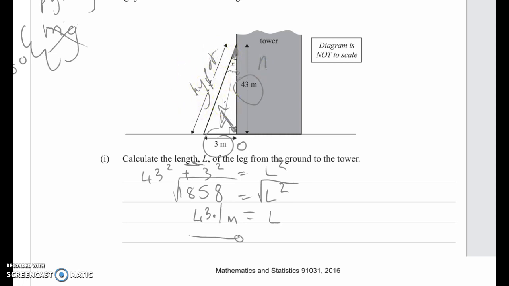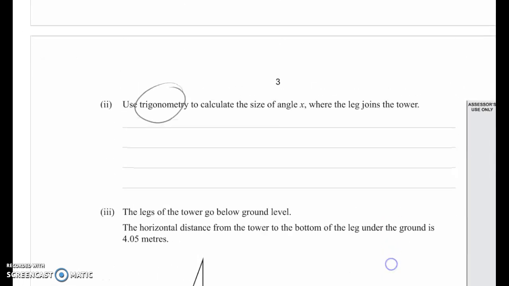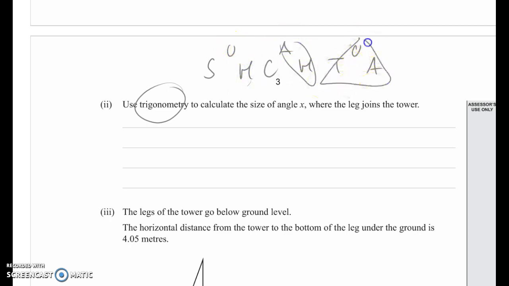I have calculated it, but I've got my opposite and adjacent, so I'm going to use that. Now, let's just have a little think. We have our SOHCAHTOA, and in my SOHCAHTOA, I'm looking for opposite and adjacent, so not that one, but that one over there will do very nicely because it's got an opposite and adjacent in it.